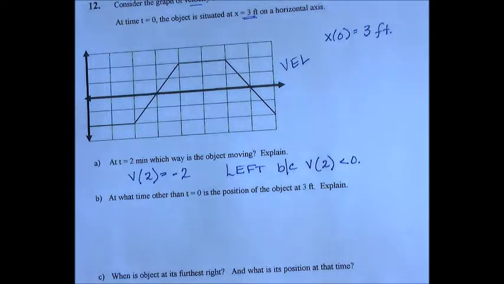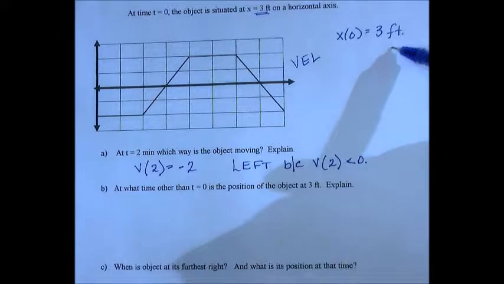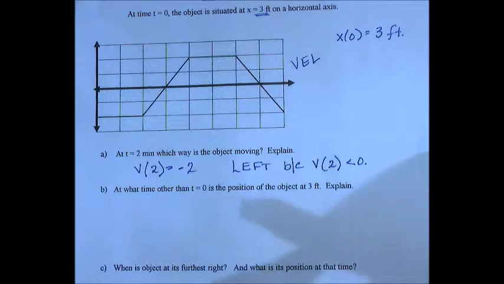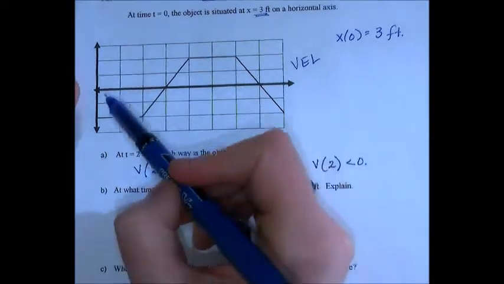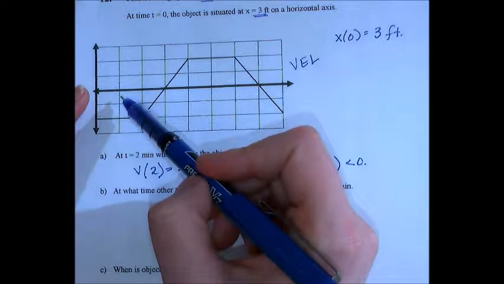Okay? Part B, at what time other than t equals 0 is the position of the object at 3 feet? Very interesting question. The object starts at 3 feet. That is our starting position that was given to us in the problem. What I want to know is, when is it back at 3 feet? If we follow this graph here, the velocity is negative, therefore my particle is moving to the left.